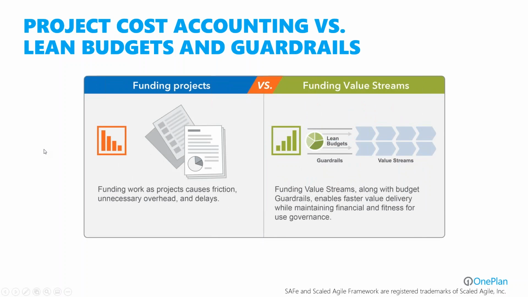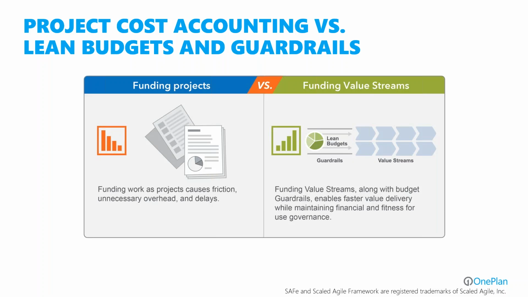Another big shift is how we do financials. In project-based organizations, we do project-based accounting, and that gets really hard because we have sometimes many projects vying for budget, and it's very hard to make good decisions around a big portfolio of projects requiring funding.